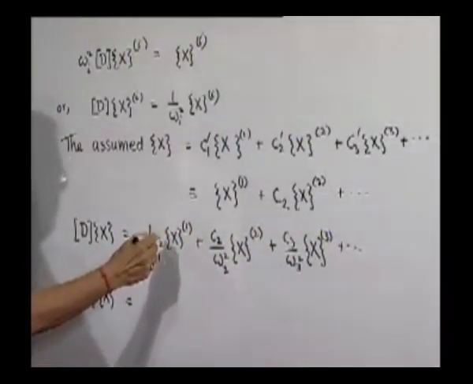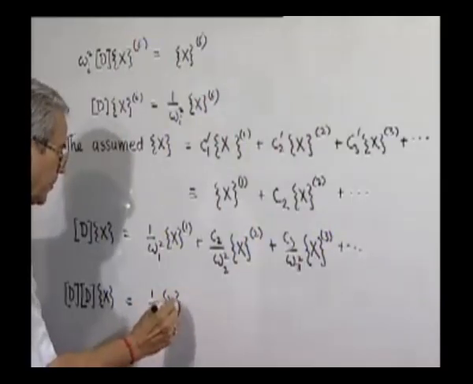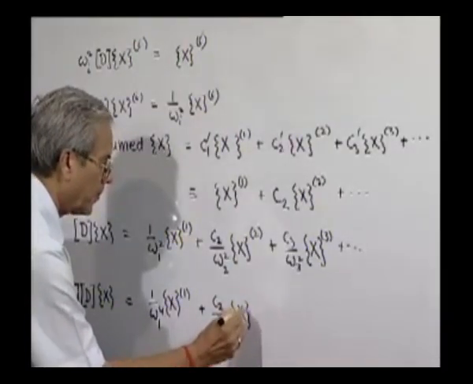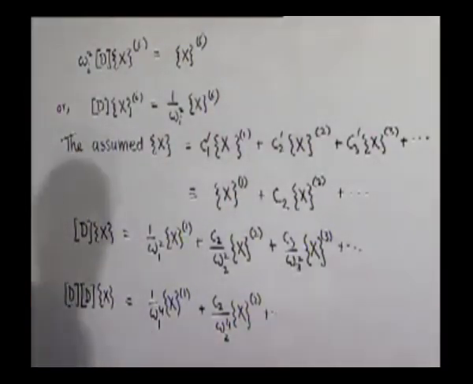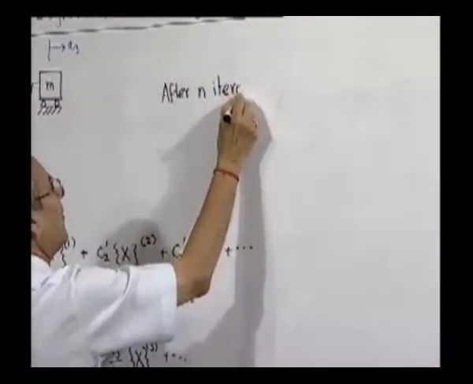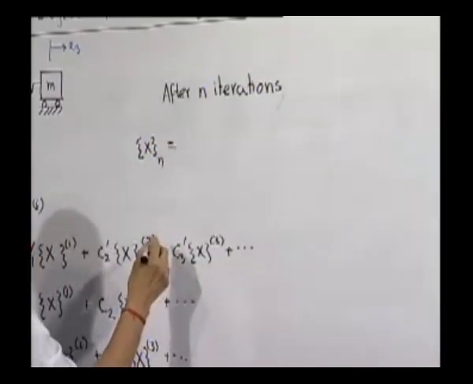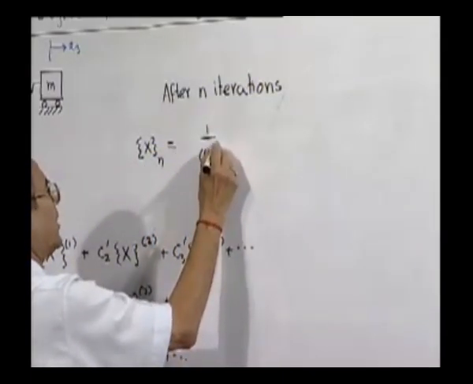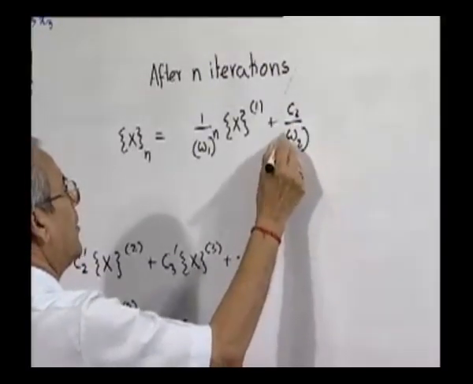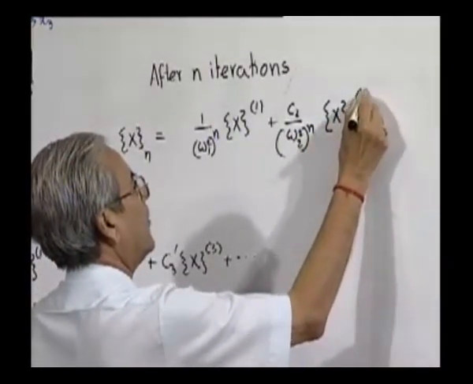Again when I pre-multiply x1 by D, this term will become... so after n such iterations, this we will get 1 by omega 1 to the power n, and so on.